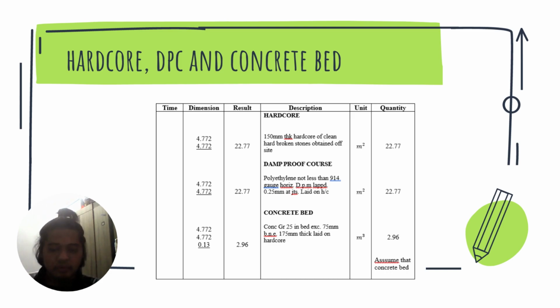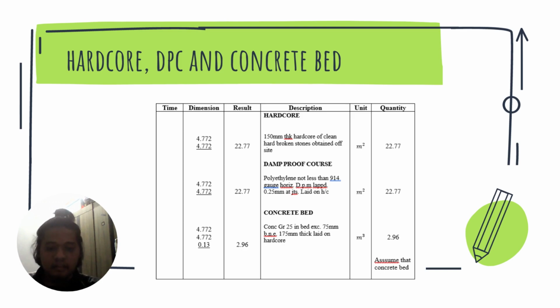For the damp-proof course, polyethylene not less than 914 gauge horizontal damp-proof course, lap 0.25, and the result also 22.77, also in the same unit, which is meter square.